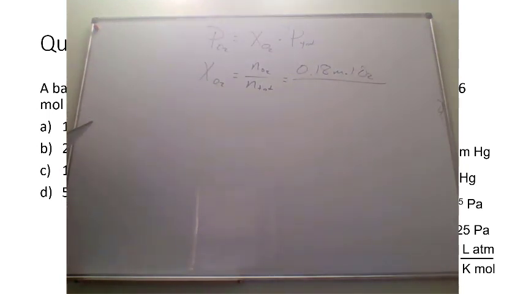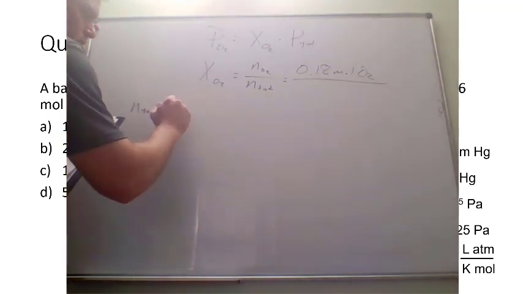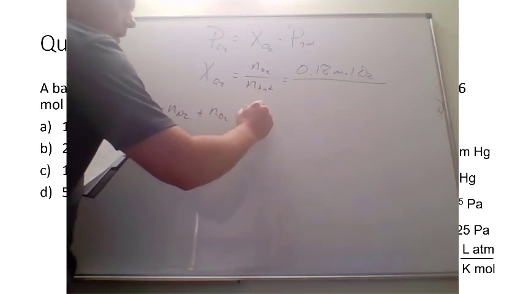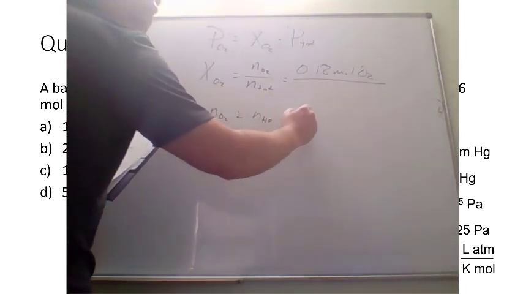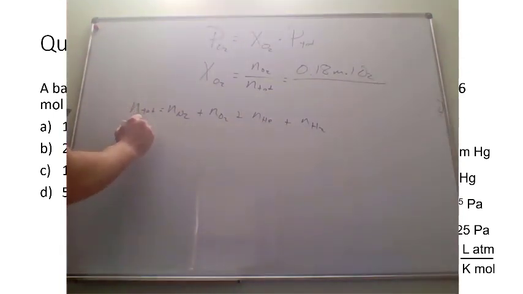over our total number of moles, which is going to be the summation of all of our moles together. So N total will be equal to our number of moles of N2 plus the number of moles of O2 plus the number of moles of helium plus the number of moles of H2. So we can plug all these in.